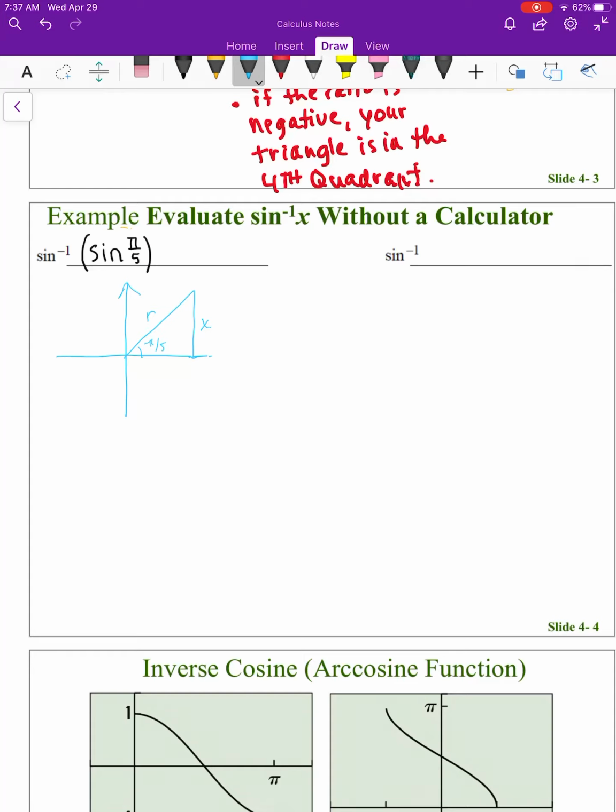It's going to be some x, and I'm going to make this an r, just because when you draw a triangle, I always think about if that were a circle, and this would be the radius of the circle. That's why I call it r, but that doesn't matter here. We're just going to use two letters, okay? Opposite over hypotenuse.